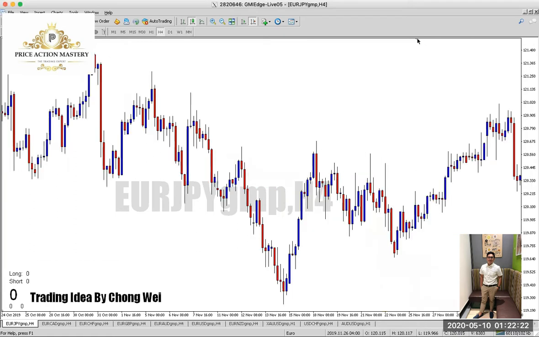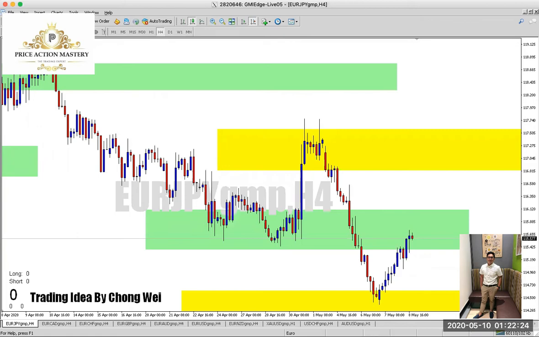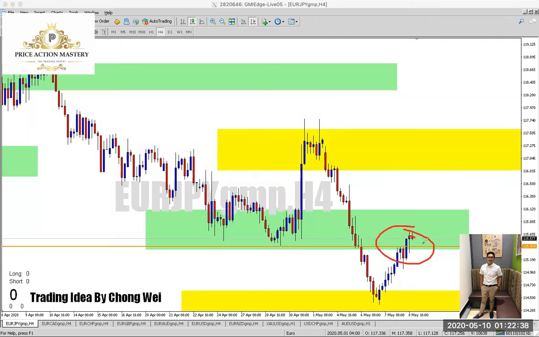When we look into H4, as we can see, the market has gradually come up. The market has a chance here, then forms a setup to drop.